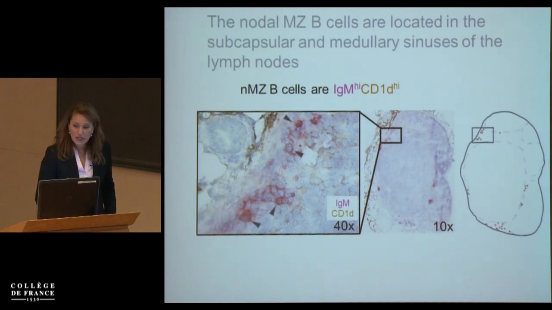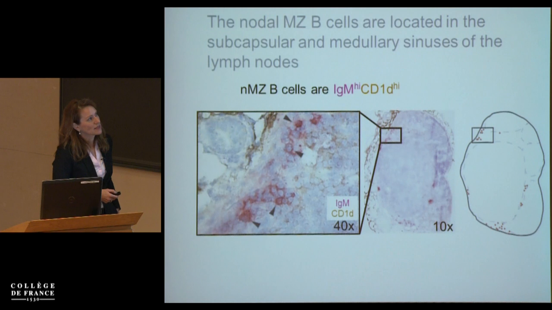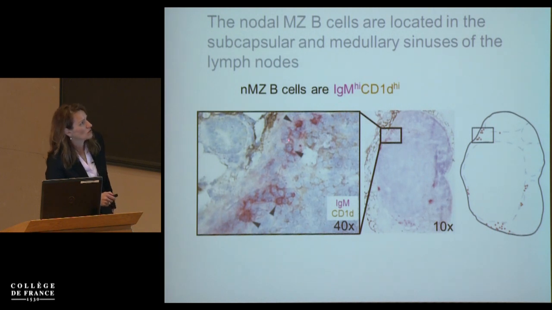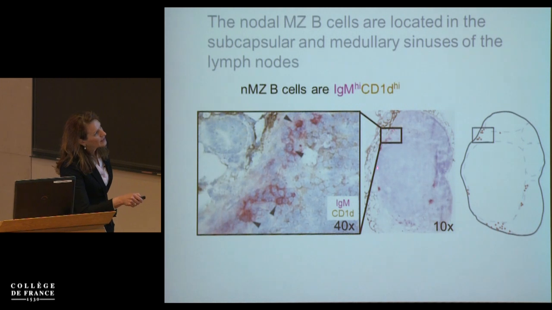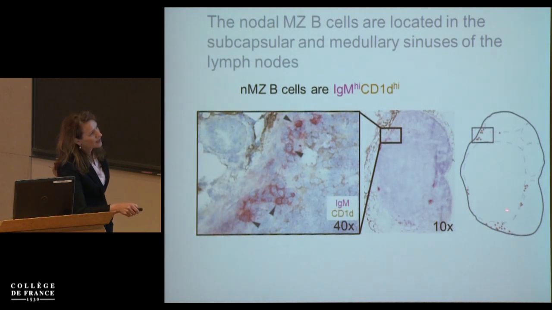And we also wanted to see where these cells are found. So we used markers for IgM and for CD1d, and we did the double staining, and maybe it's not so easy to see, but you just need to trust me. These brownish red cells are the double positive cells, and this is the whole lymph node. This area is what we call the subcapsular area, and this is now drawn here in a sketch where we find the cells.